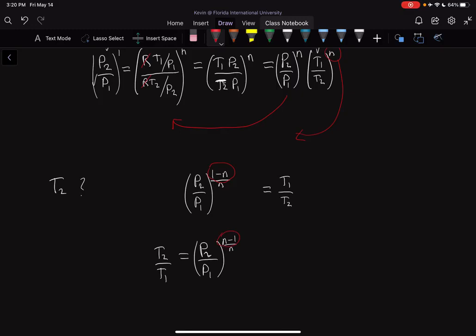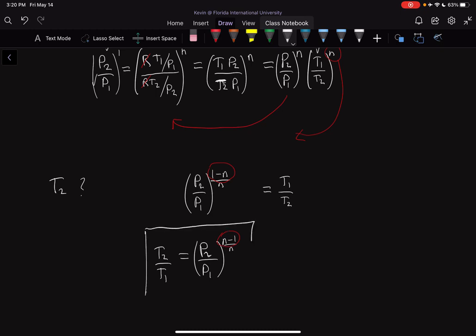Just making sure that we see that they were flipped because we now flipped our equation. So again, a little bit of a mathematical tool to modify our equation and to flip T1 and T2. It makes it easier to solve for T2 and not having to rearrange a bunch of stuff.